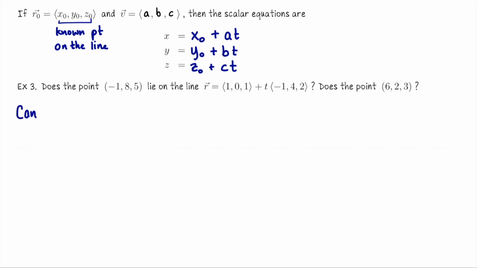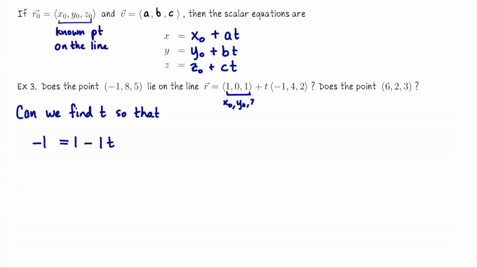Okay, so can we find t so that -1, which would be the x coordinate, could be written as 1 minus 1t. Again, here I'm using the fact that 1, 0, 1 is like x naught, y naught, z naught, and -1, 4, 2 in the above equations play the role of a, b, c.